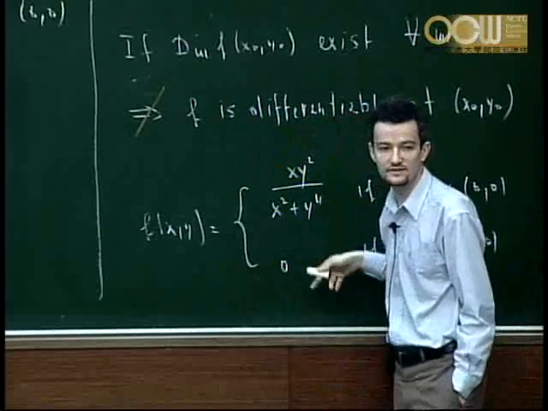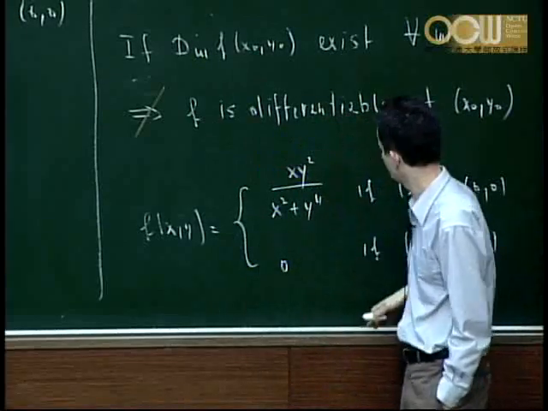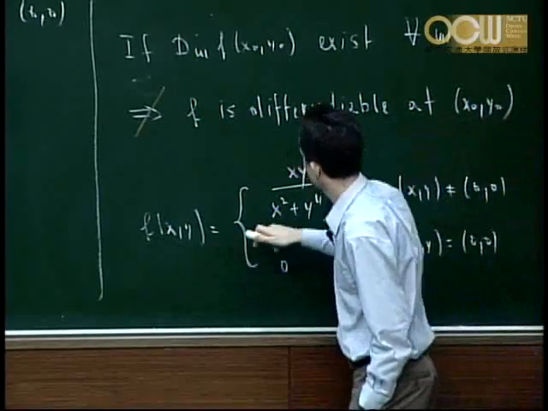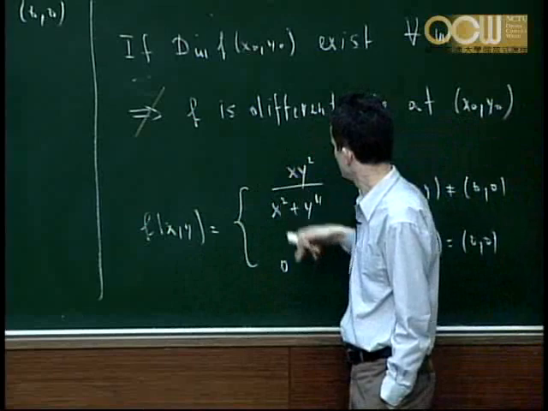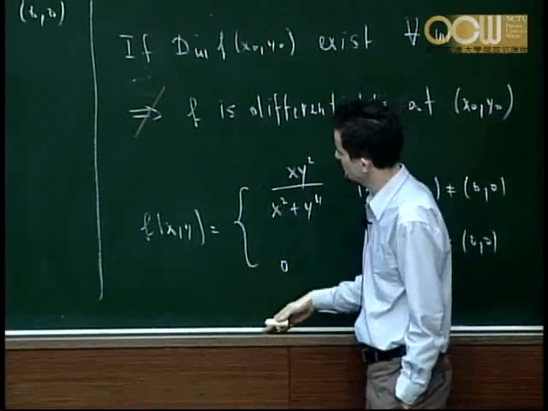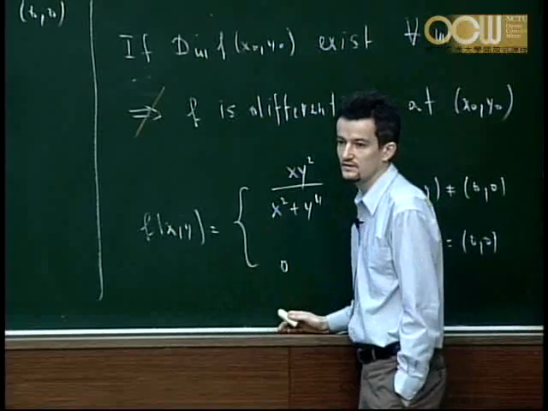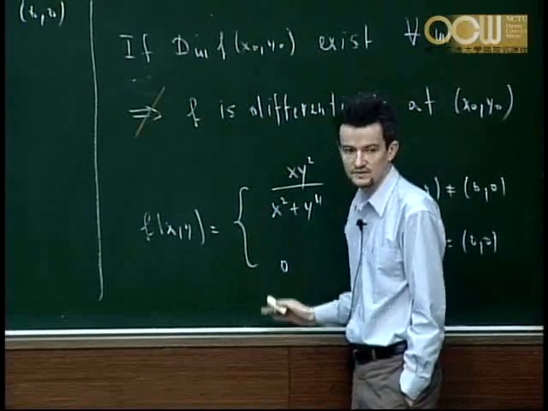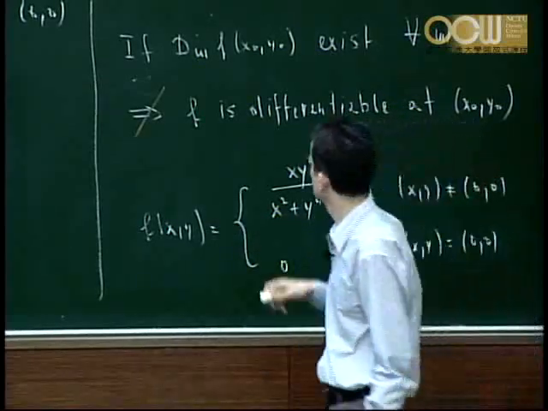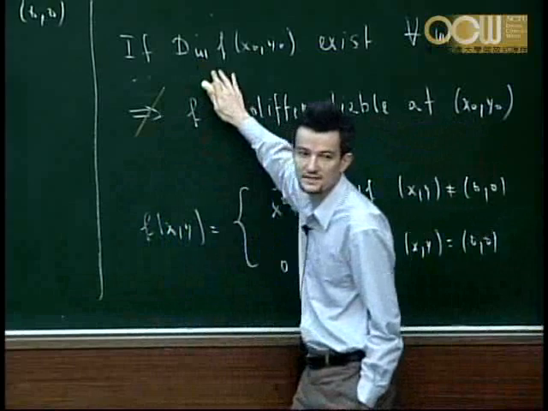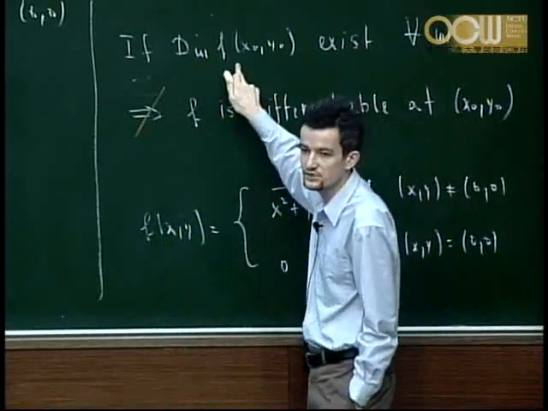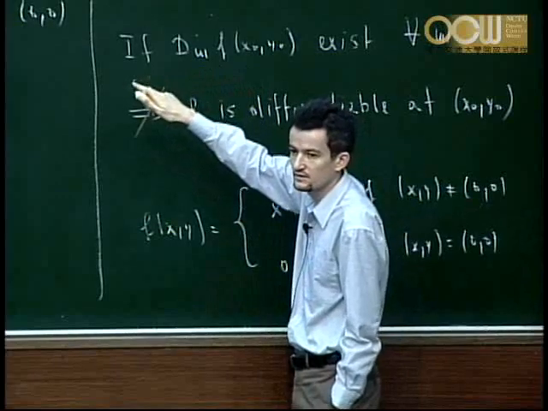The partial derivatives here exist, because if you plug in x equals 0 and consider it as a function of y, everything is 0. So the partial derivative with respect to y is 0, and the partial derivative with respect to x is also 0. So the gradient exists also at the point 0, 0. But you are not allowed to use the formula with the inner product of the gradient and u, because for this f has to be differentiable, but f is not differentiable.